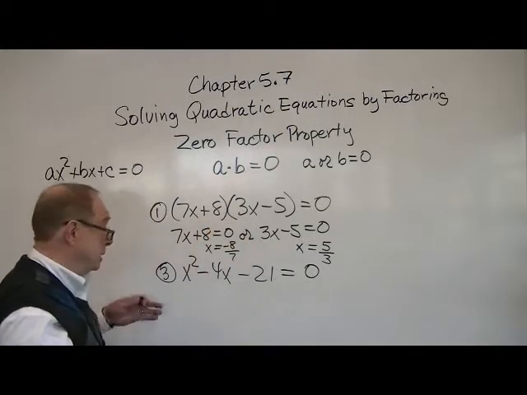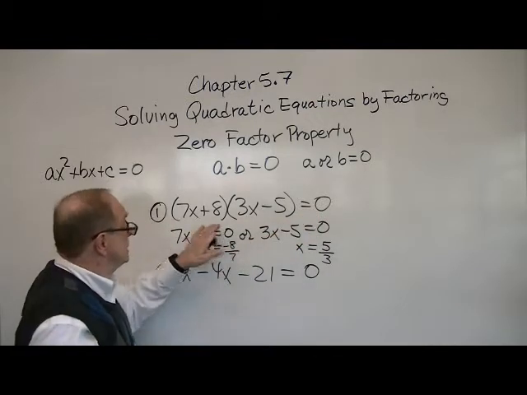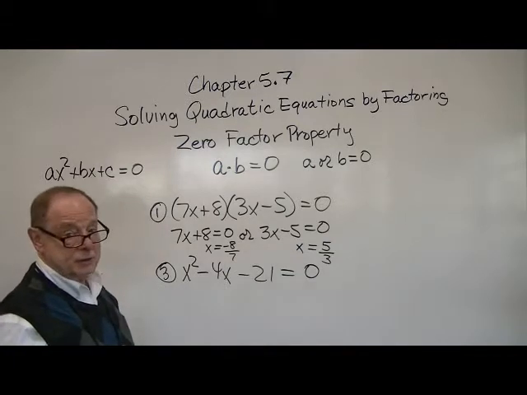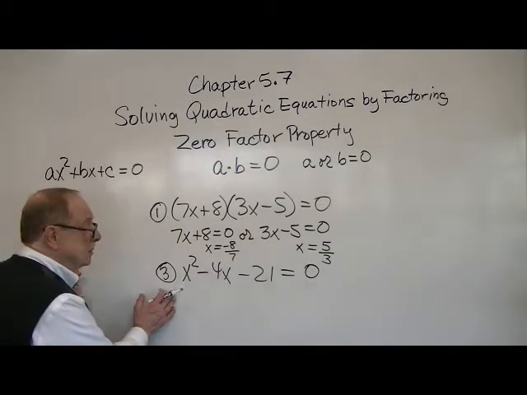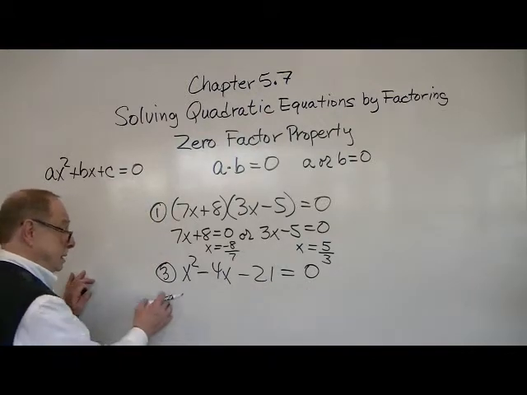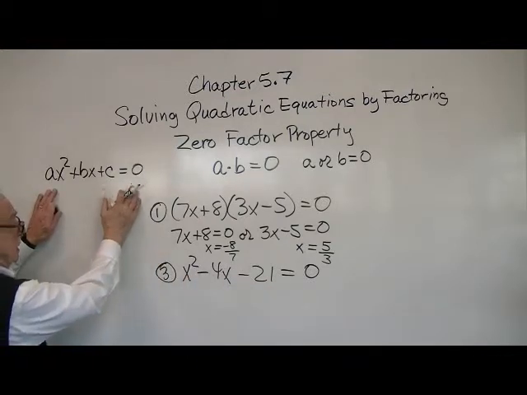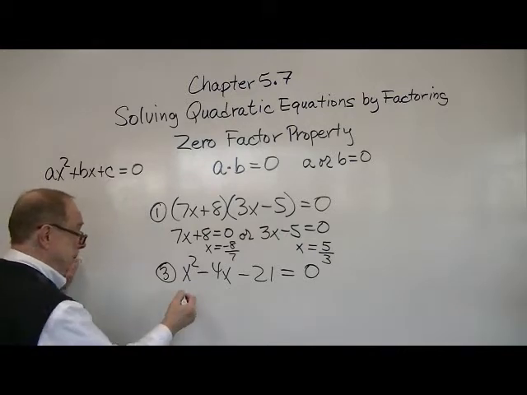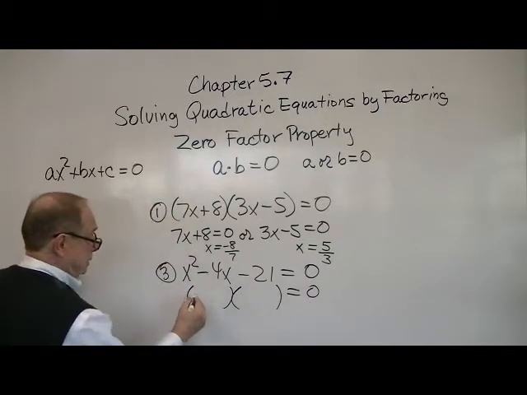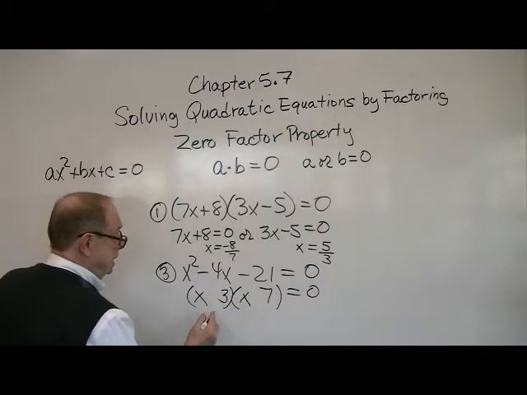Now every once in a while they're going to give you one that's already factored and it equals 0. So just take the factors, equal it to 0, and then solve those little equations. But in example 3, this is the more typical way you're going to see it. And this is in standard form of the quadratic equation. And the way we're going to solve that is by factoring. So this is x, 7, 3.